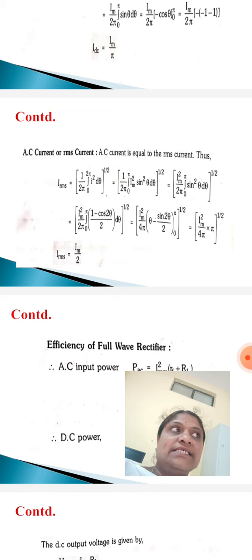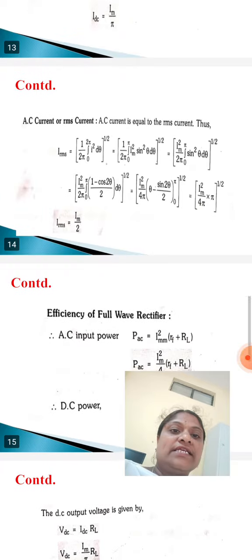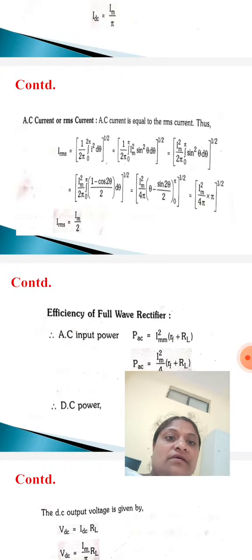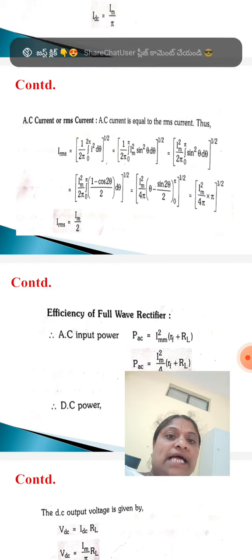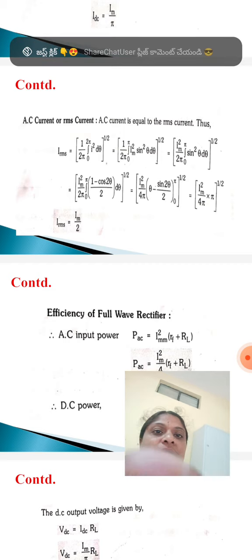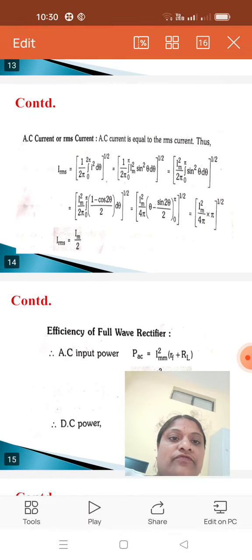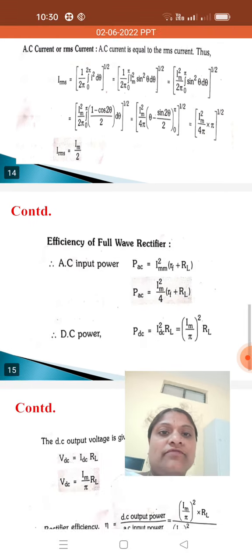Sin 180 degrees means 0. Minus into minus is plus. So that implies Im square by 4 pi, Im square by 4 pi into pi, whole power 1 by 2.